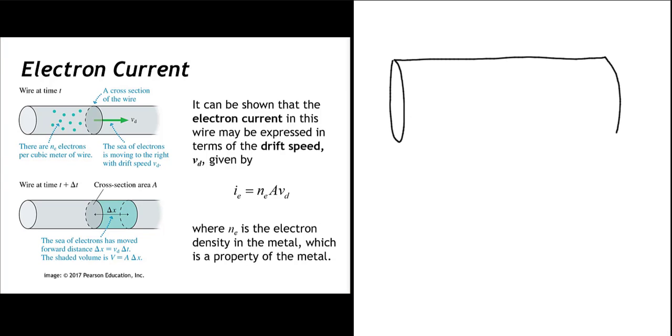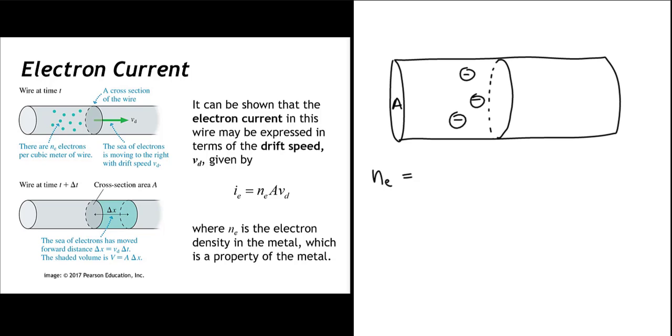Let's take a wire of cross-sectional area A, and let's say this wire has a certain number of electrons per unit volume, that's going to be our number density. That number density is the number of electrons per unit volume.